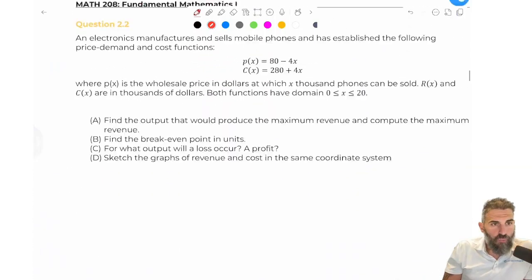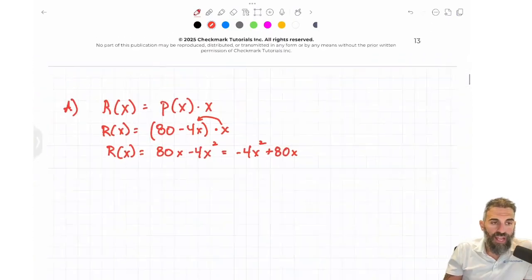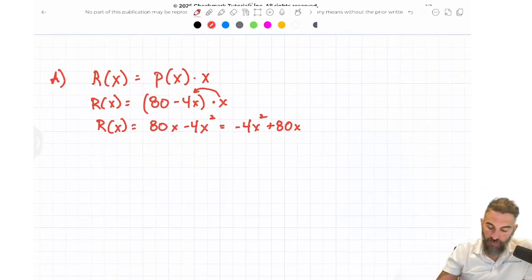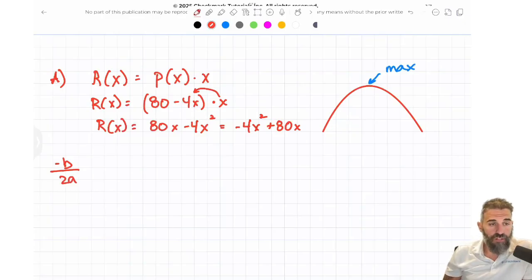Now, if they want to find the point where revenue is maximized, what we're asking for is the vertex, because your revenue goes up and then comes back down, so it's maximized at the vertex. We're going to take what we learned earlier in the chapter. This will give us the h, or the x coordinate of the vertex.